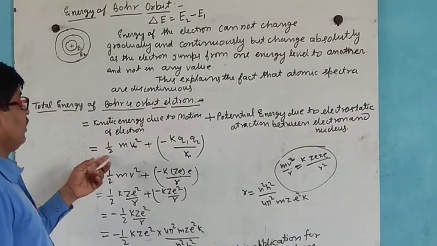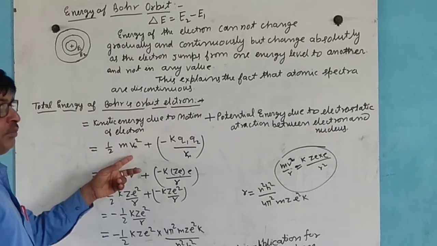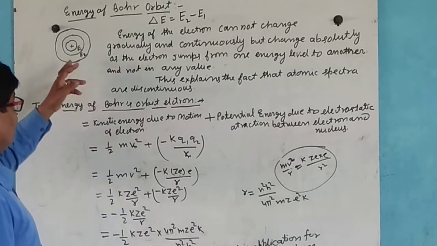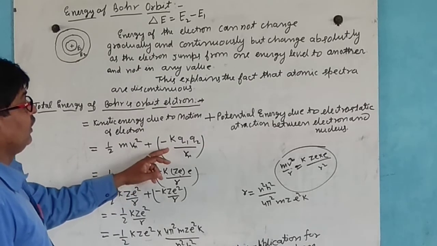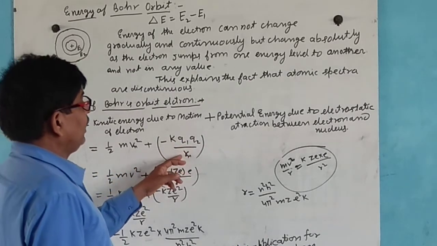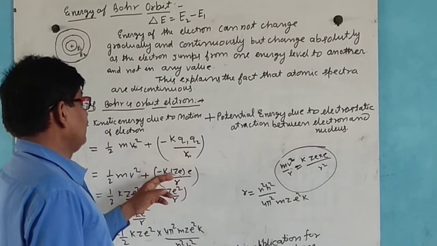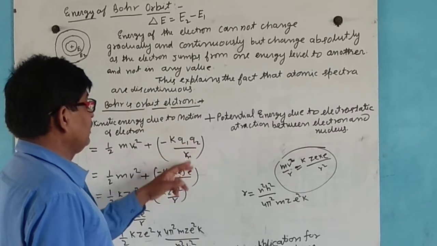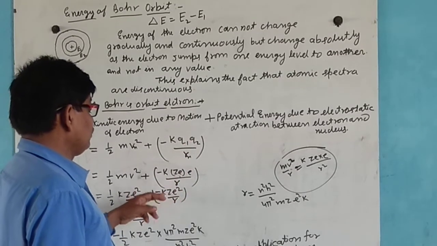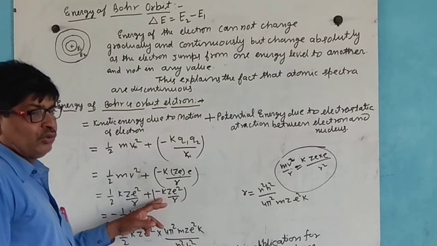So half mv n square, n is the nth orbit, 1 2 3 and so on, and potential energy is K q1 q2 by rn, with charge on nucleus Ze and electron e, so that K Z e square by R. This shows negative.